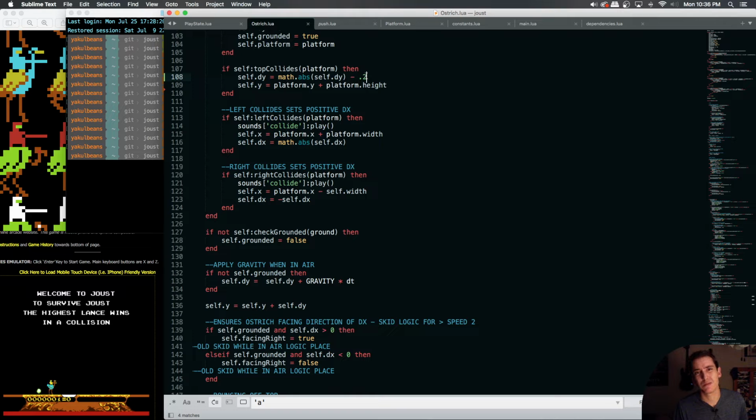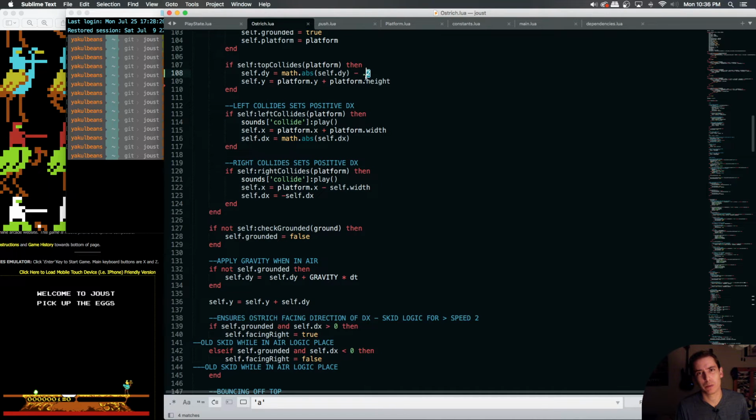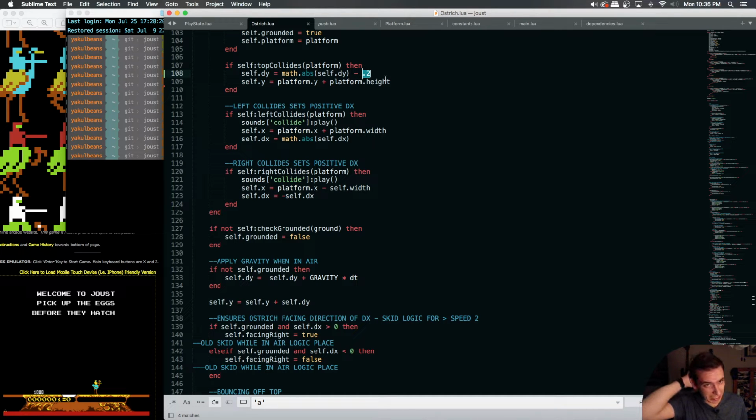I'm just honestly kind of confused why putting this higher than a 0.2 makes it so that we get stuck. Because it would mean upon a jump, our dy would be negative. Then our dy would be assigned a positive 0.4 minus 3. But yeah, it was messed up at 0.35.